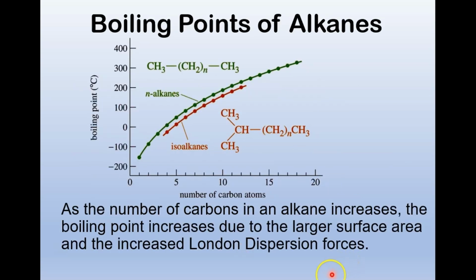So let's just look at some physical properties of alkanes. As we add more and more carbons, we're increasing the London dispersion forces. So the light alkanes like methane, propane, and butane you find as gases. Octane, it's a nice liquid. So heptane, hexane's a liquid at normal ambient pressures and temperatures.